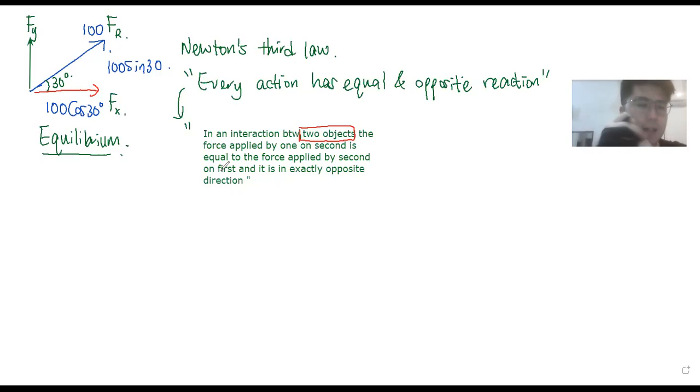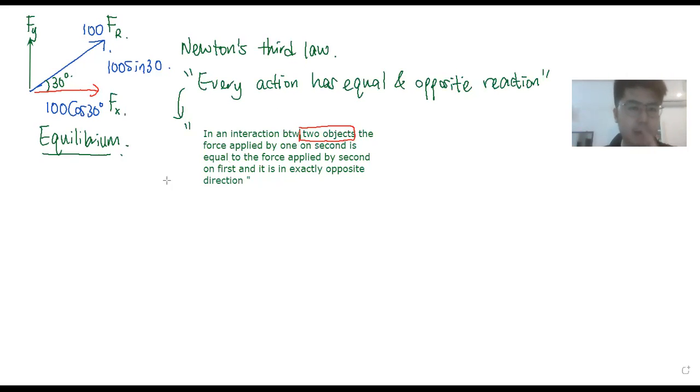That one is governed by another law. This law only says that when one object knocks on the other object, this object will also exert a force on it. Whether the object moves or not is not discussed here. The effect is not discussed here. We only discuss the forces here.